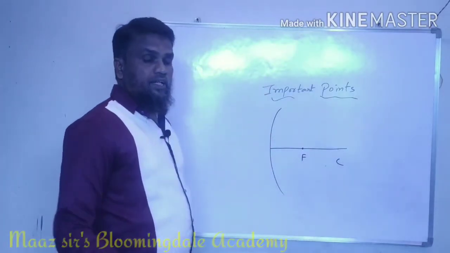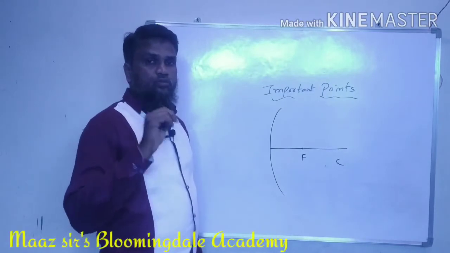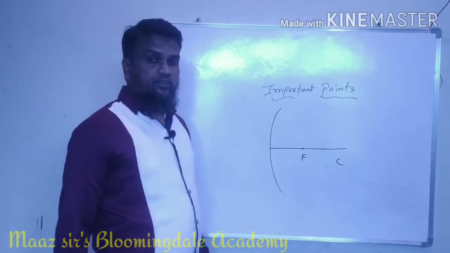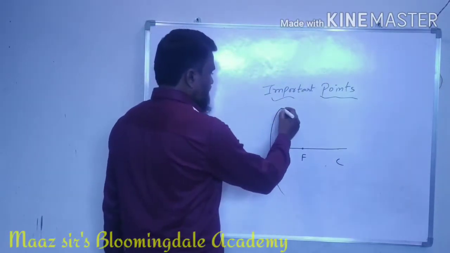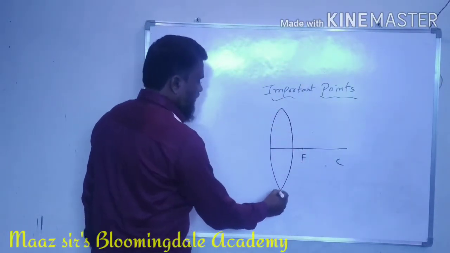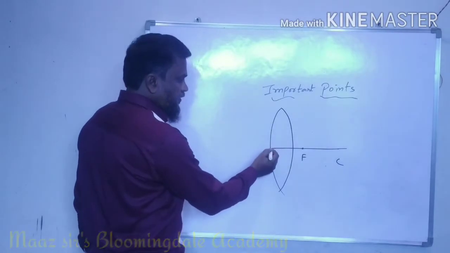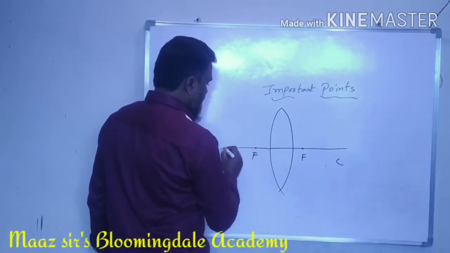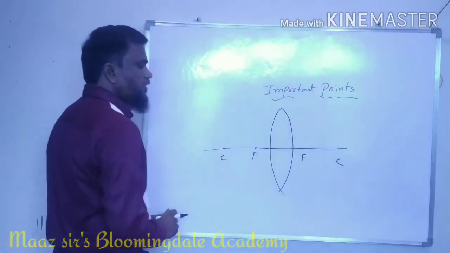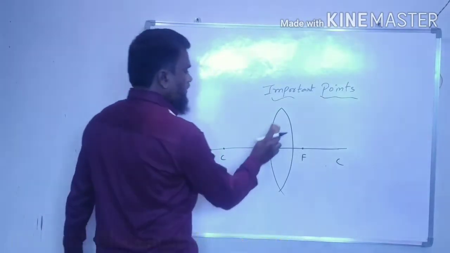As I said, a lens is a combination of two spherical surfaces or curved surfaces. For example, if I am taking another surface, this surface also has its focus and center of curvature. So can you see here?